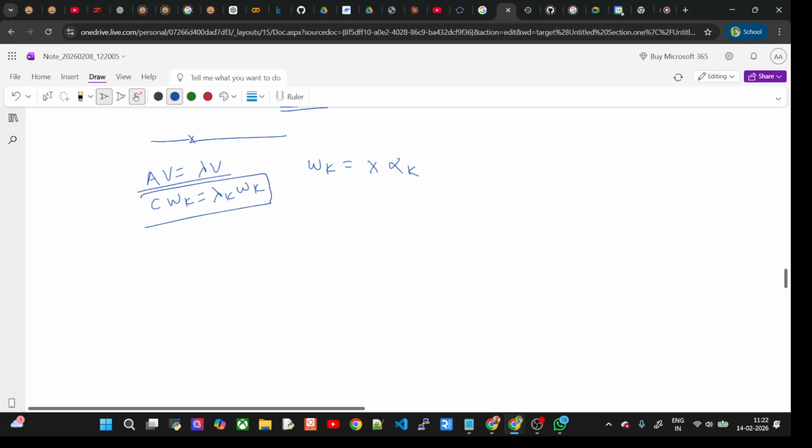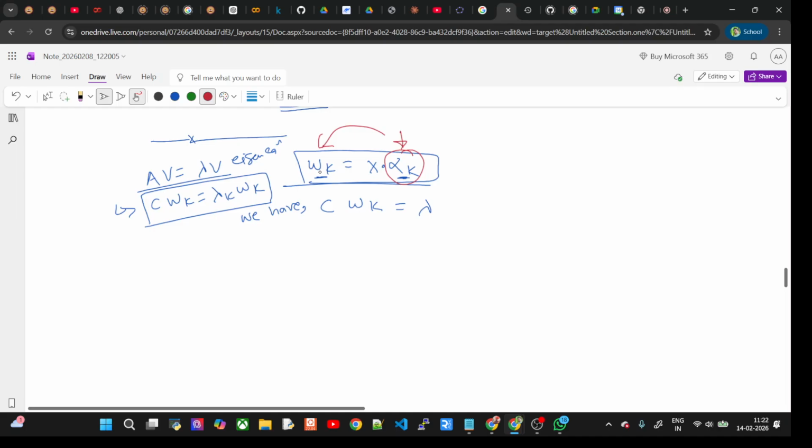This is our eigen equation. Now we have x into alpha k, and we place C into wk. This is what we derived till now. You need to find some alpha k which gives me this wk, and that is the final aim of the PCA algorithm: to get the wk.